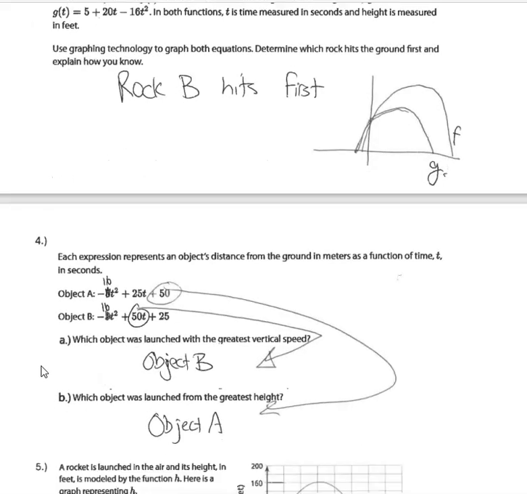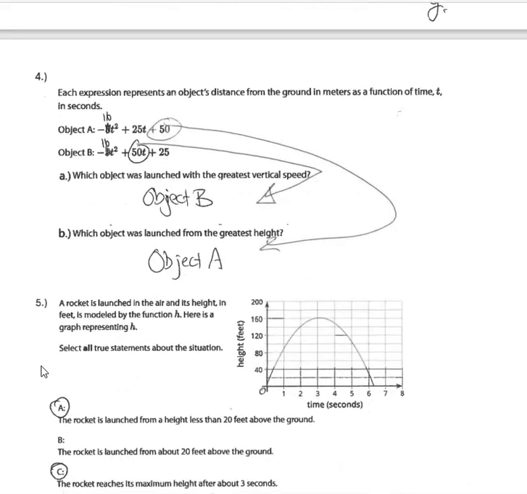So the next one, we're looking at this. I changed it to be -16 because I had not realized that they were saying -5 for meters. So the -16 on yours was me changing it to feet, which I shouldn't have done because it was actually in meters. It should have stayed at -5, but it doesn't really change the problem because it says which object was launched with the greater vertical speed.